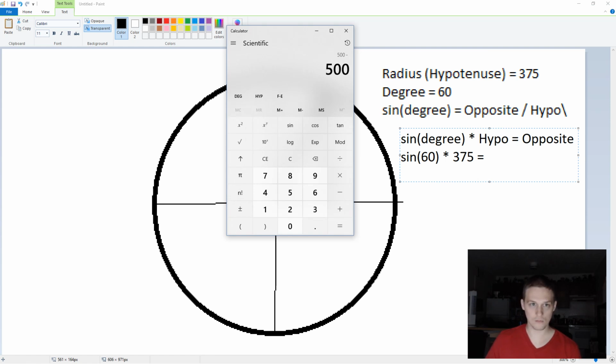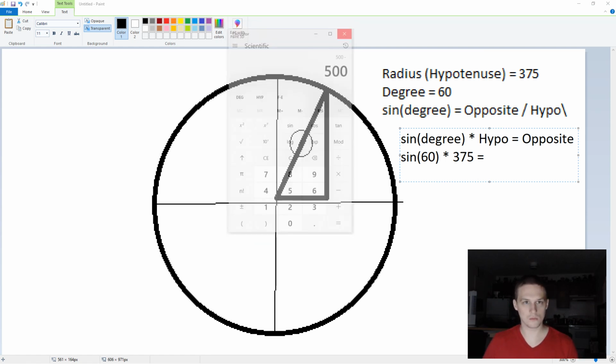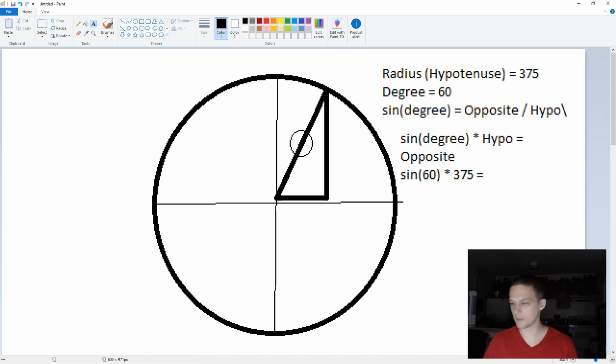Okay, so we're going to do 60, 6. Uh-oh. It's probably because of how it calculates. No, my computer's not responding. Uh-oh. My keyboard is not responding. That's not good. I'll be back.